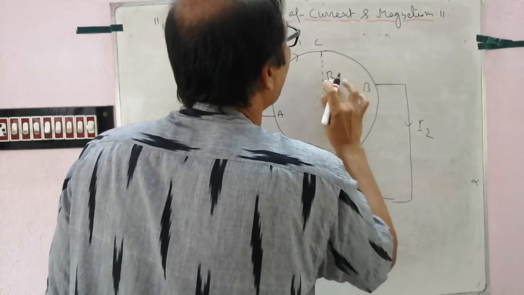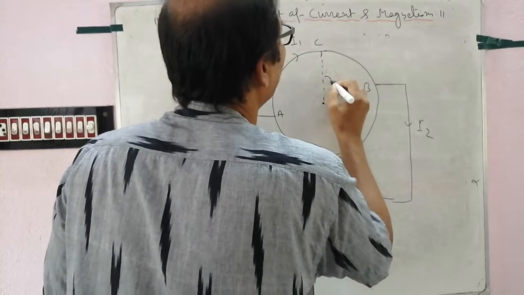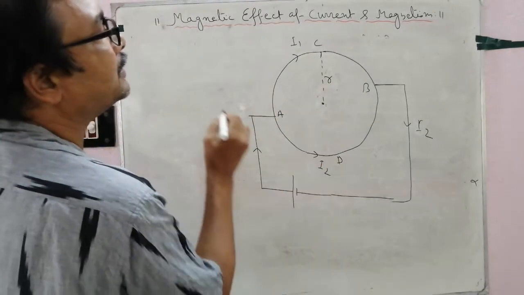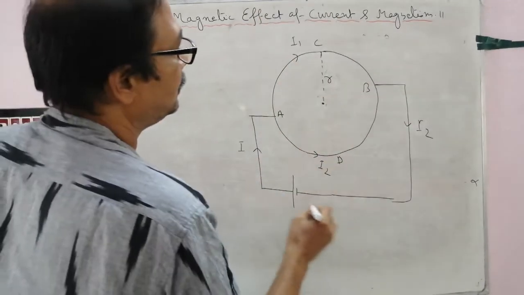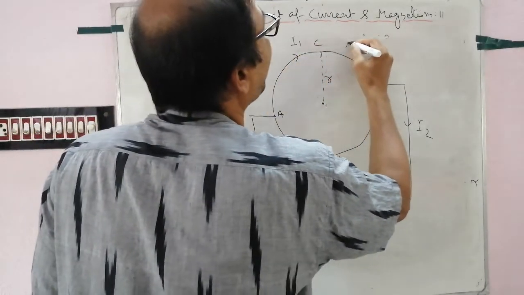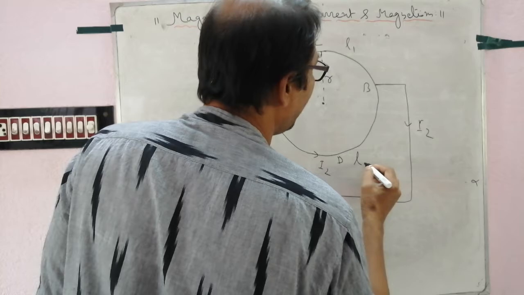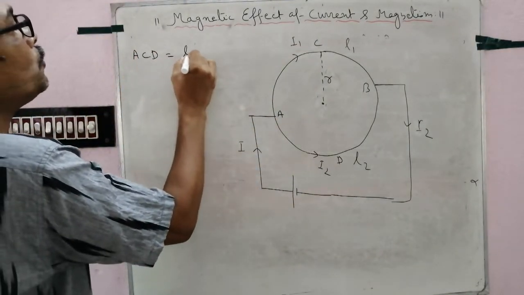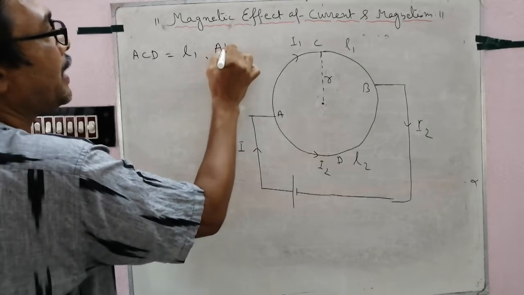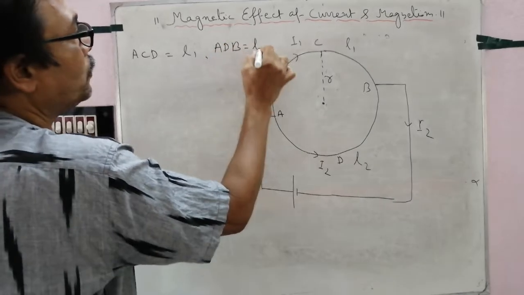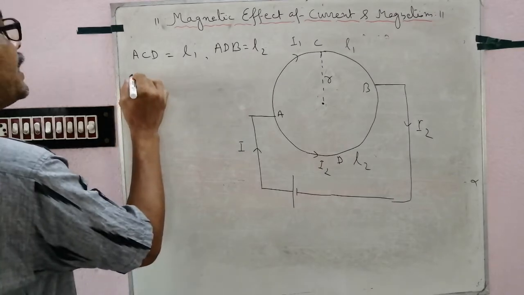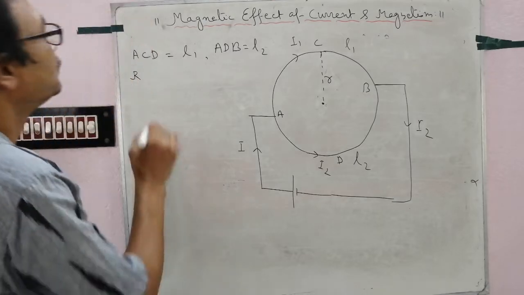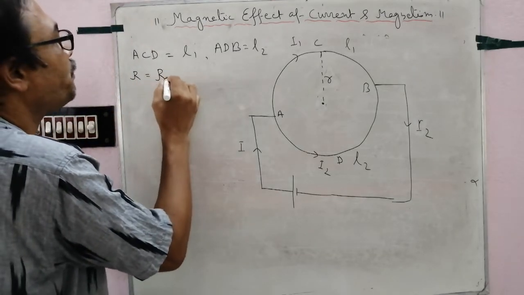But for a big question, you have to prove it. Let the length of ACB equal L1 and ADB equal L2, and R the resistance per unit length.